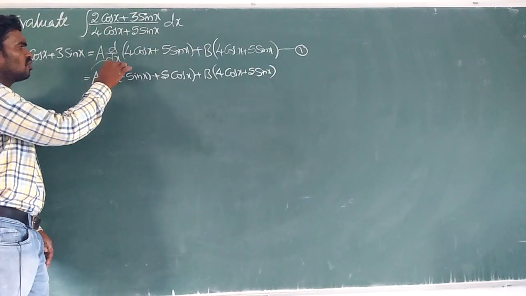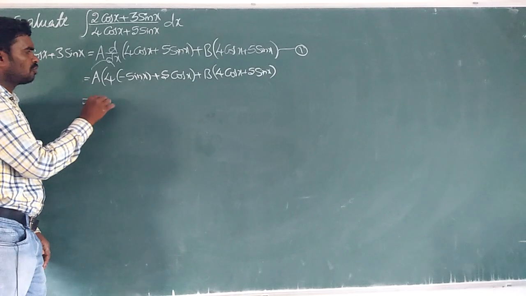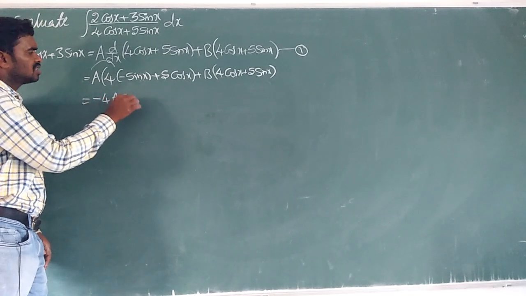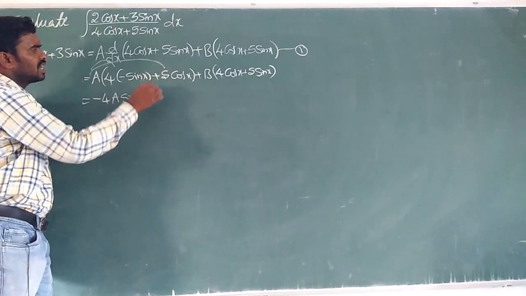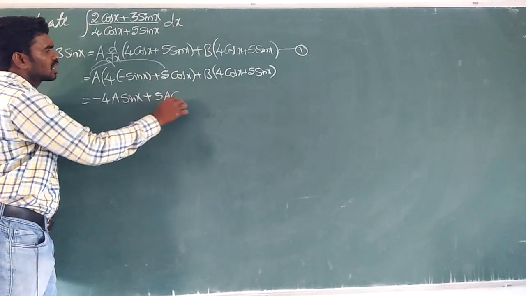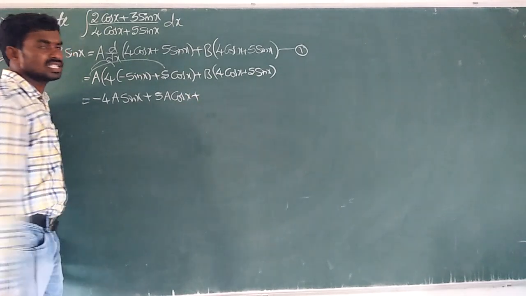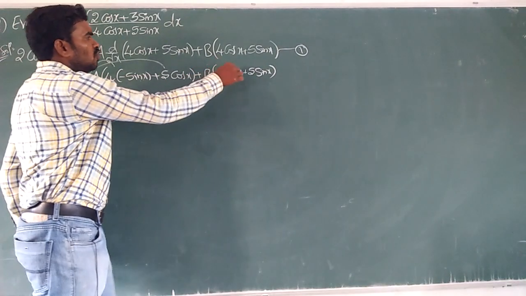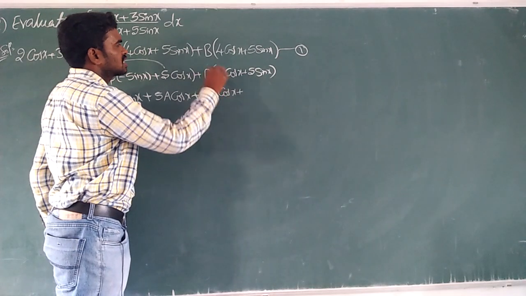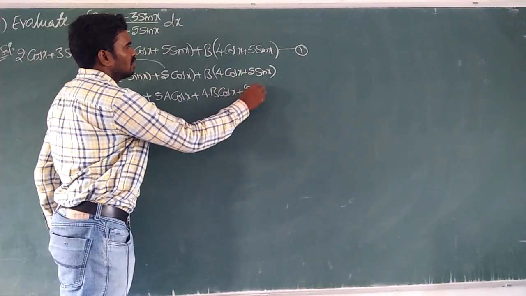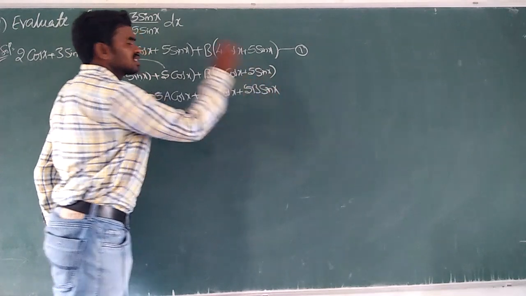So A into 4 into minus, how much? Minus 4A sin x. A into 5 becomes 5A cos x plus B into 4 cos x, so becomes 4B cos x, plus B into 5, 5B sin x. Very good.